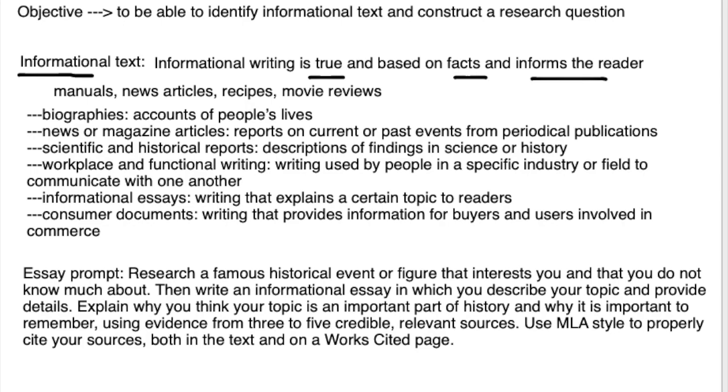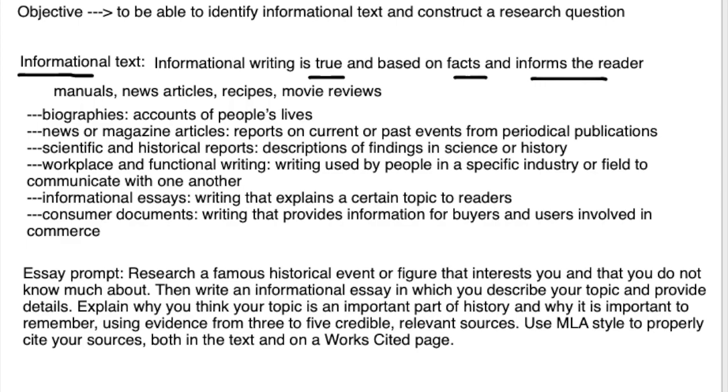In writing this informational essay, I'm going to encourage you to develop a research question because you're hopefully going to choose a topic that you are already knowledgeable of, but maybe unfamiliar with the way the events unfolded or the person's life unfolded. And in that research, you are going to find information to share with your reader.